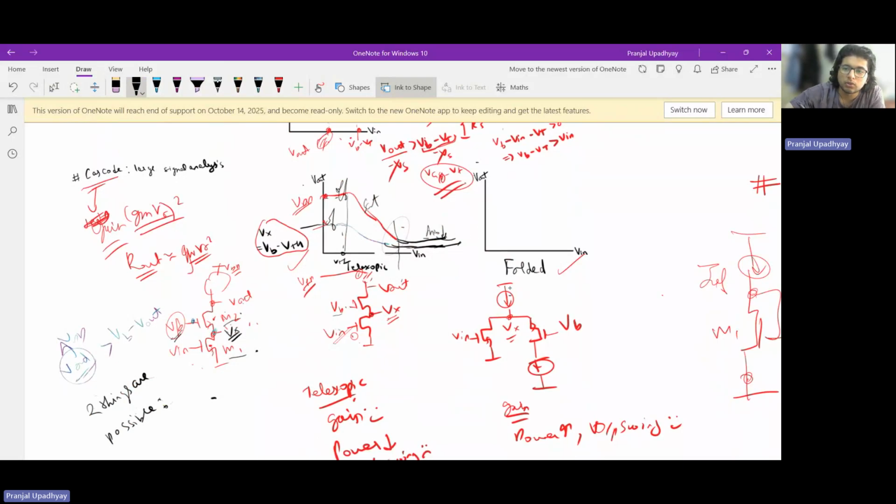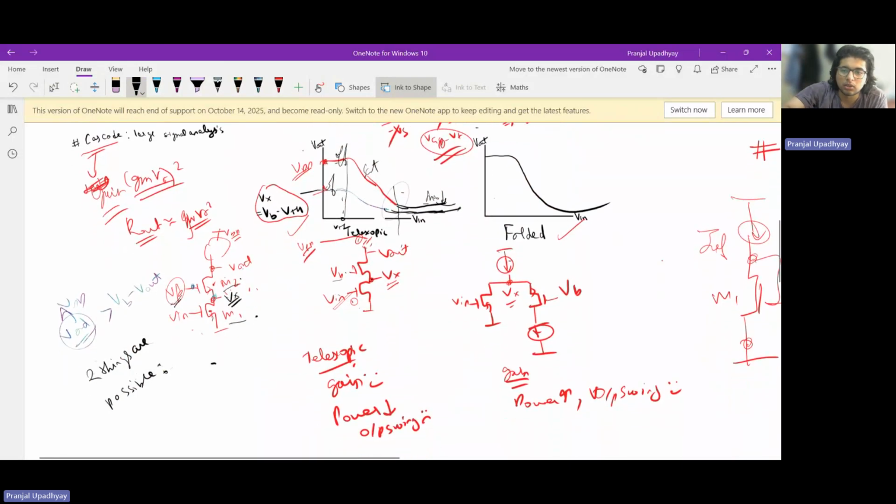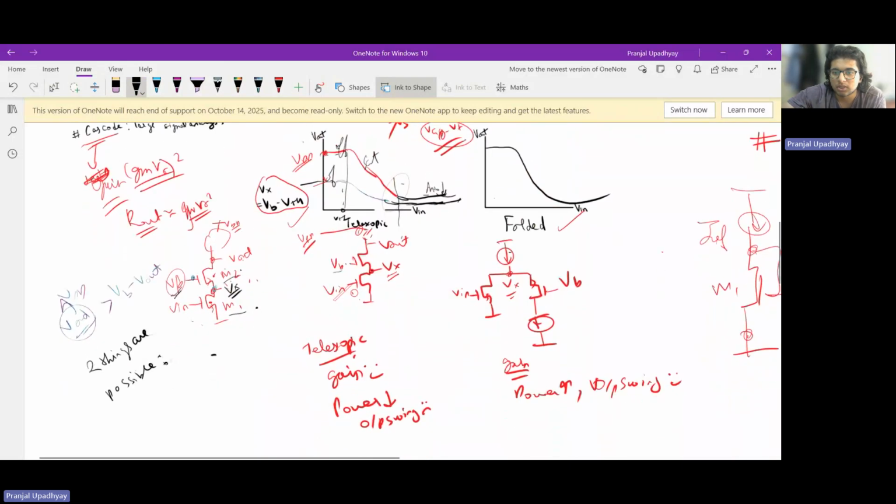And in folded cascode also, you see similar behavior, right? I'm not discussing this in detail because it is more or less the same thing. Telescopic, or this kind of cascode configuration, you basically use for high gain, and this is also used for high gain. But the power consumption is more, as you can see, because we need two current sources to bias it properly, whereas here we could have gotten away with one bias.